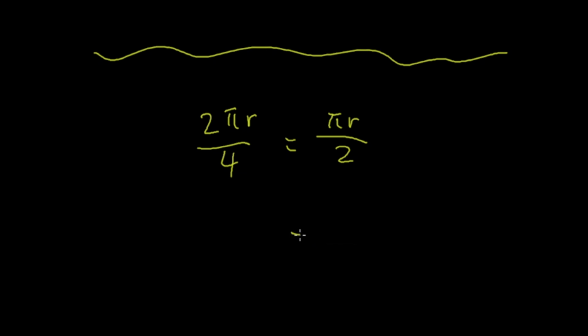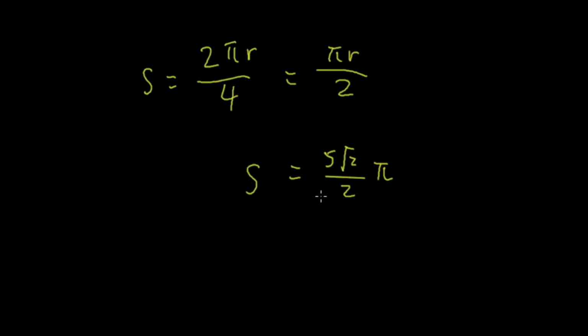And that means that's equal to 5 square root of 2 divided by 2 times pi. Okay, so that's the arc length. And then of course you add the 10, so you get the same thing. So 10 plus 5 square root of 2 over 2 pi.